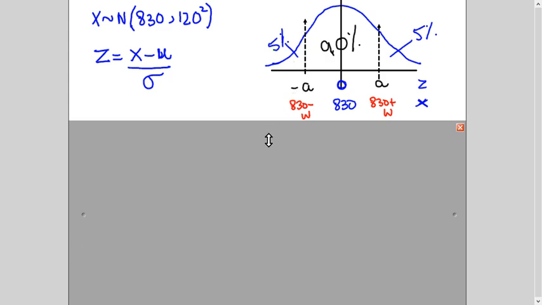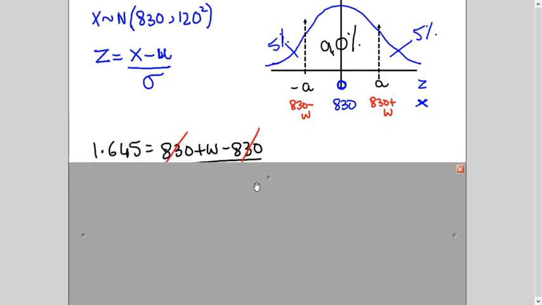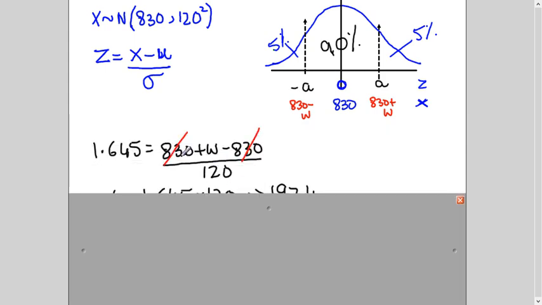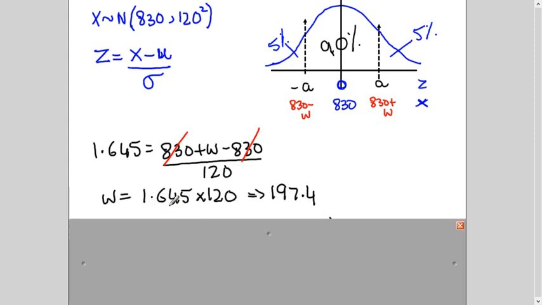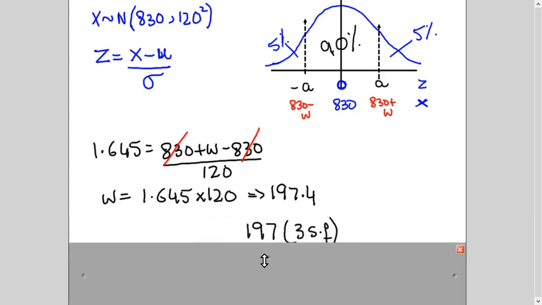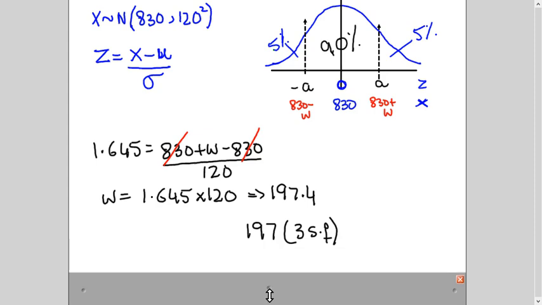So I'm plugging in the values now. You can see I have plugged in 830 plus W minus 830. So I'm just plugging in place of X and mu. So I got the value of W is 197.4. Okay. So in 3 significant figures, it will be 197. So this is the value of W you have calculated.